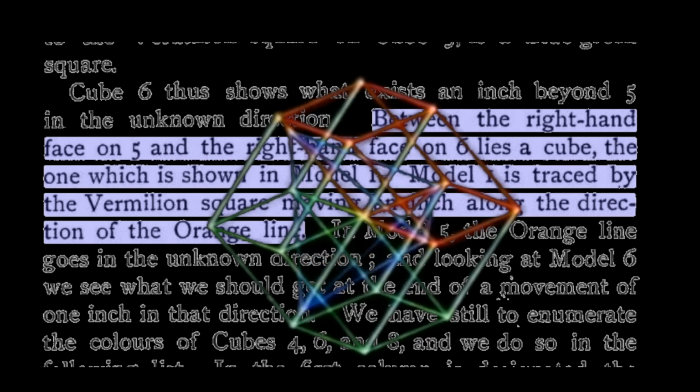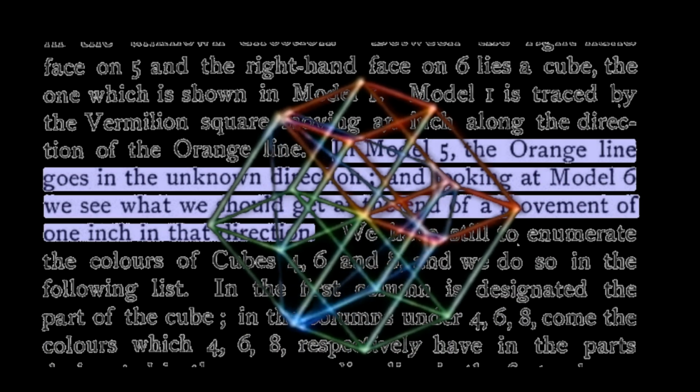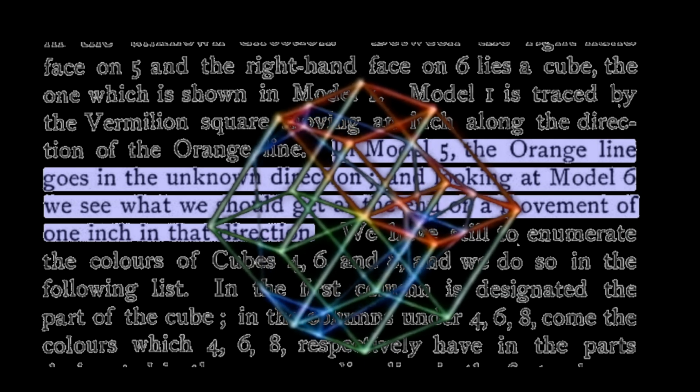Model 1 is traced by the vermilion square moving an inch along the direction of the orange line. In Model 5, the orange line goes in the unknown direction, and looking at Model 6, we see what we should get at the end of a movement of 1 inch in that direction.